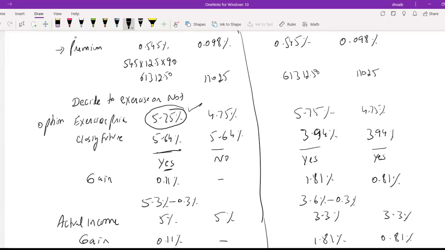Here, option will give you only 4.75, but market is at 5.64. So you will not exercise. Here, option will give you 5.75, but market has 3.94. So you will exercise. You will not go to market. Here, option will give you 4.75. Market is giving you 3.94. You will exercise.